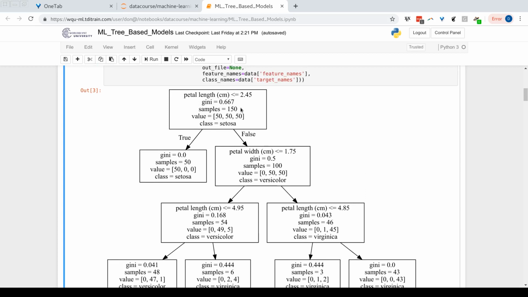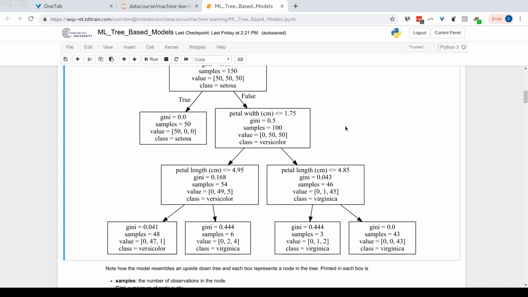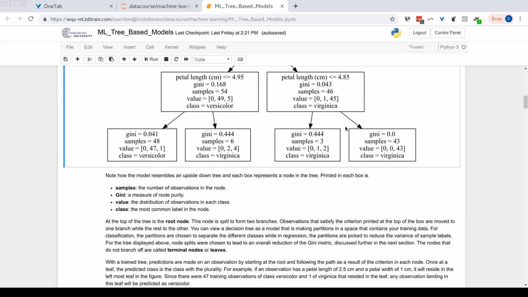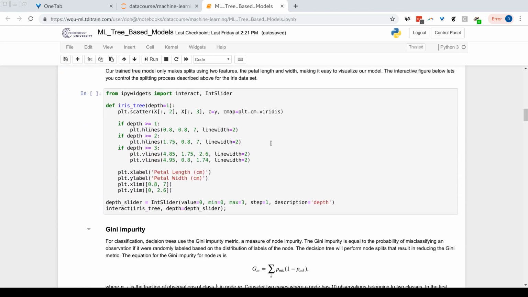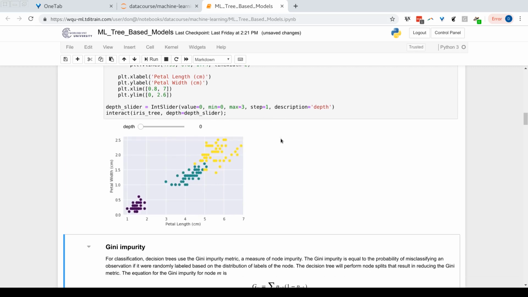That we're separating this root node initially into two nodes using this criteria, that the petal length is less than or equal to 2.45. Let's run this block of code here. So these are the three classes of these two features that we're using for this small tree, the petal width and the petal length.